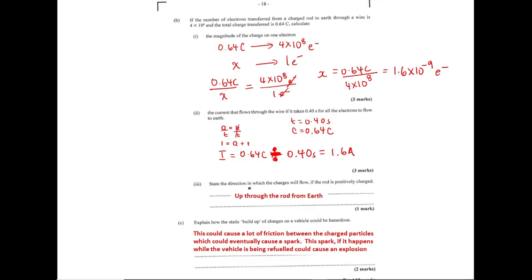Then it says state the direction in which the charges will flow if the rod is positively charged up through the rod from Earth. So I did a little drawing here. This is my interpretation. Let me know if I'm wrong for this one. So you're going to have some sort of separation of charge right here.